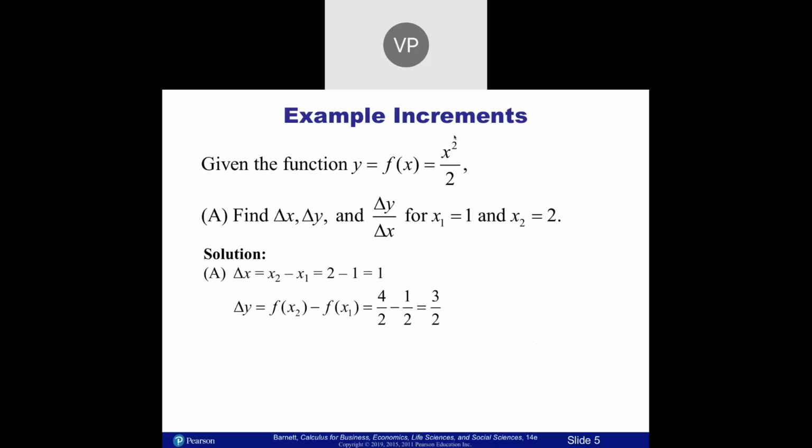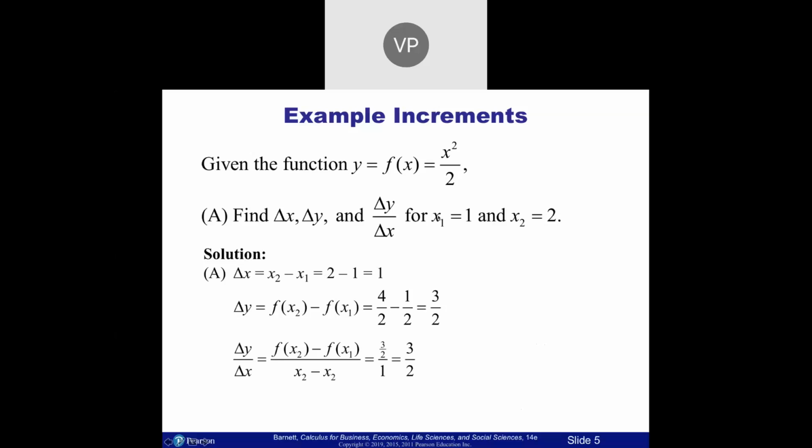Delta y, a little bit different, but remember, we plug in, find the y value of the second x, this 2. So we get f of 2, we get a 4 over 2, which is a 2, and then we subtract f of 1, which is 1/2, so we get 2 minus 1/2, or 4/2 minus 1/2. Either way, our delta y is going to be a 3/2 here.